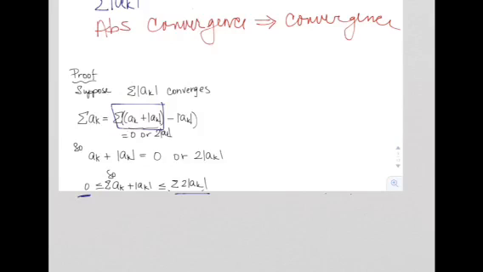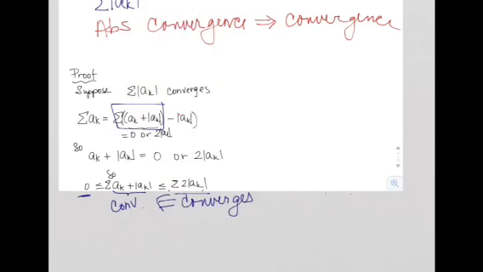Now, because we know from the beginning that the sum of the absolute value of a sub k converges, that means that this too converges. Even though there's a multiplier of 2 here, that doesn't matter. You can take the 2 out, and that will still converge. If that converges, by the comparison test that we learned last time, we now know that this converges.